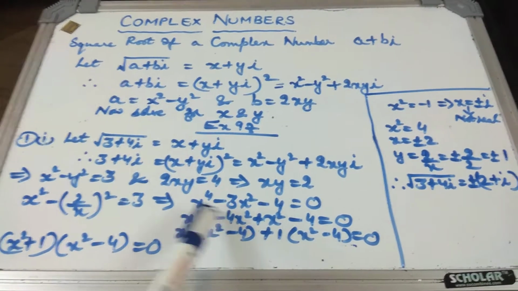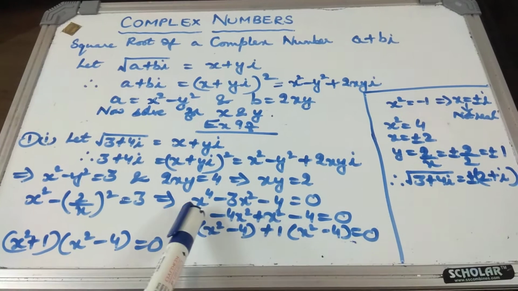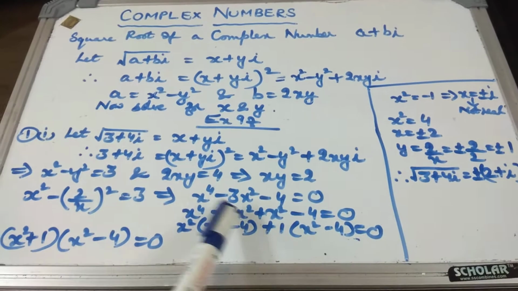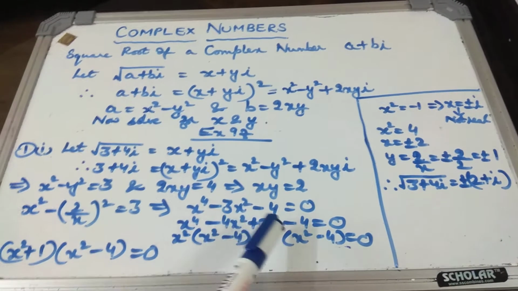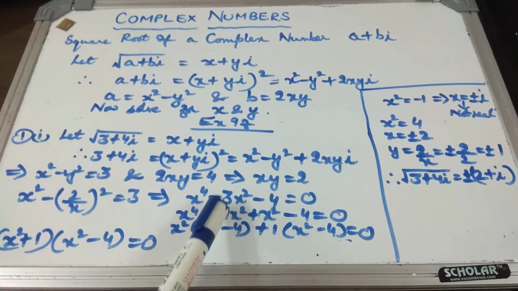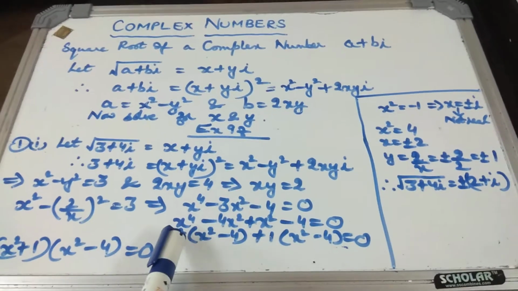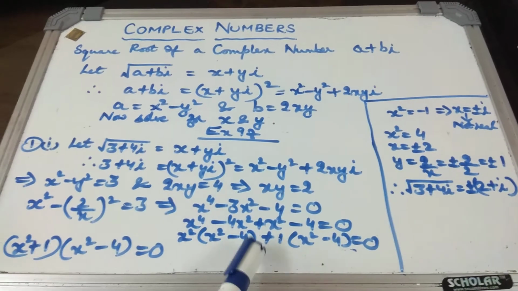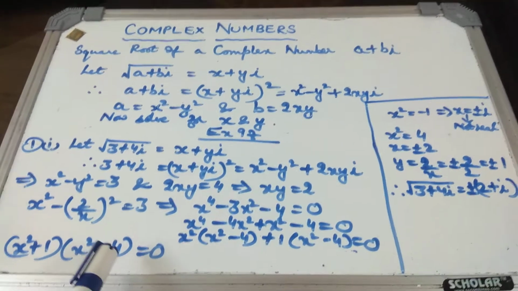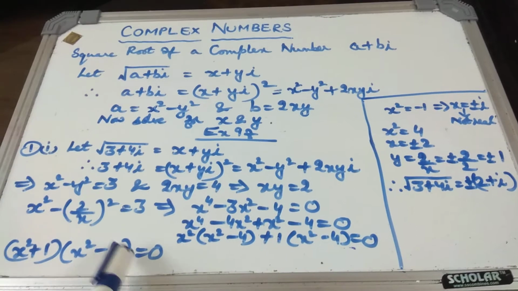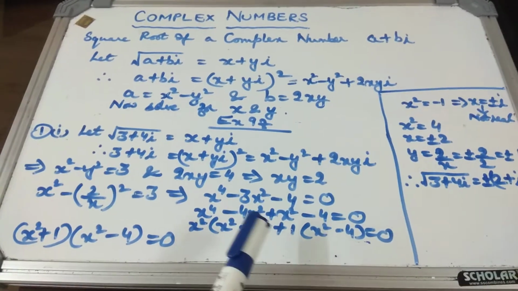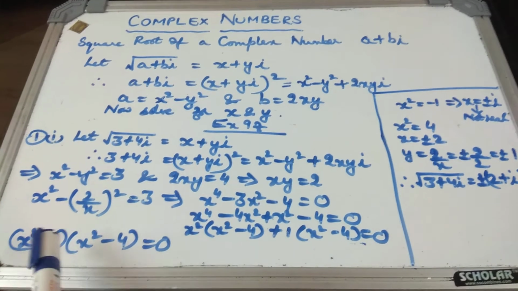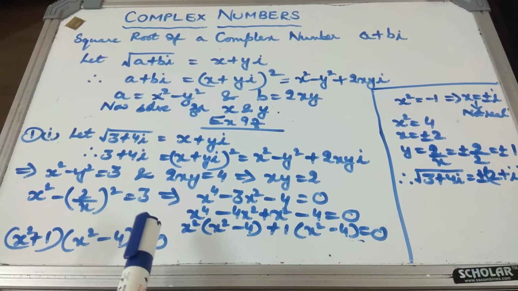Since this biquadratic is in simple form, I have not done any substitution to reduce it to quadratic form, but I have simply split the middle term and got two factors: x square minus 4 into x square plus 1 equals 0. This is up to you. You can use any method for factorization.